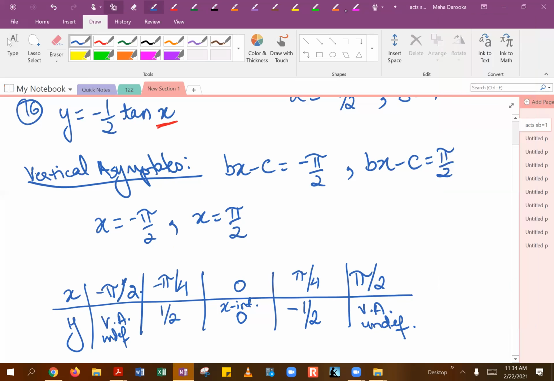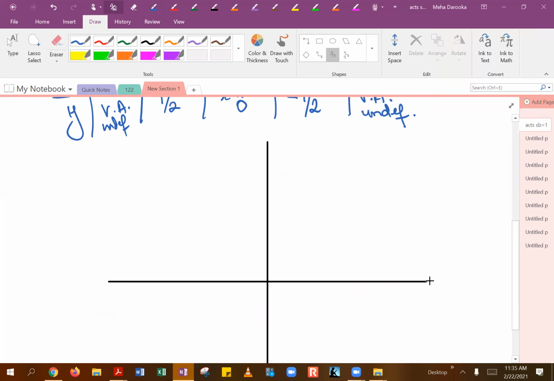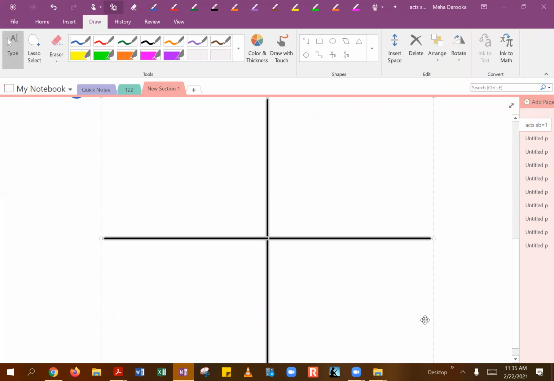Very good. So just to get a general idea of what this graph will look like, okay, Alicia, very good.